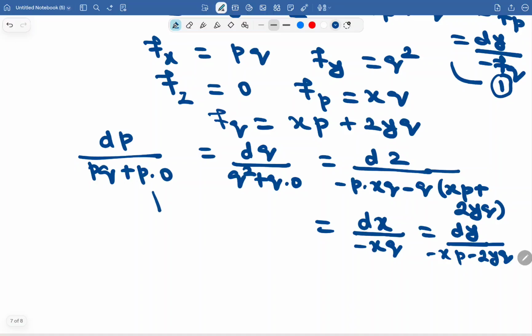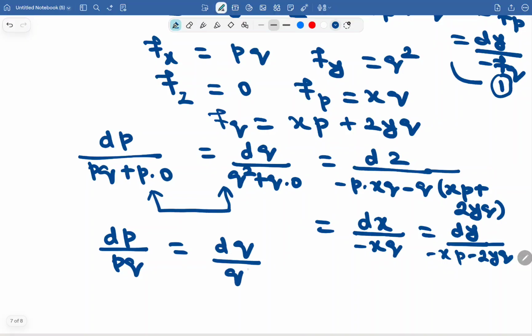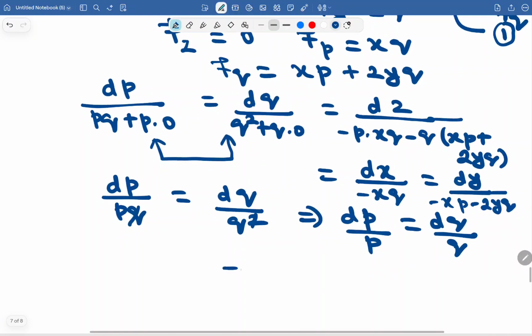From the first two ratios, we are getting dp by pq equal to dq by q square, which implies dp by p equal to dq by q.